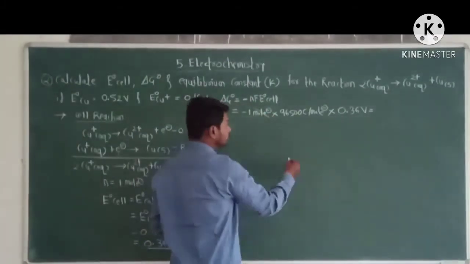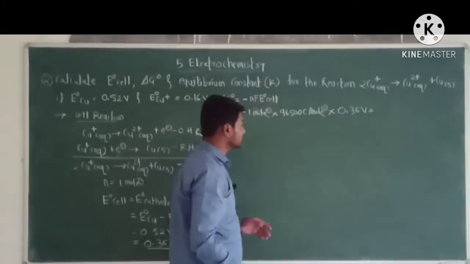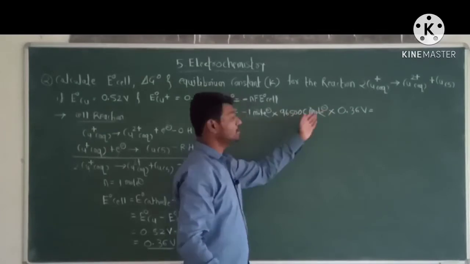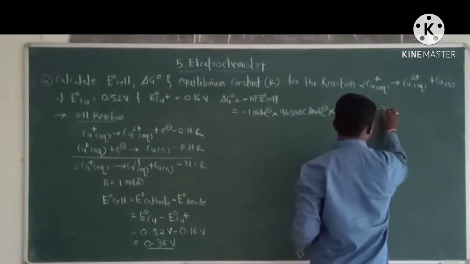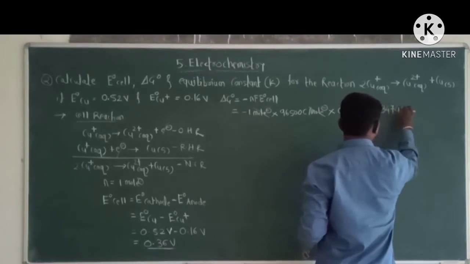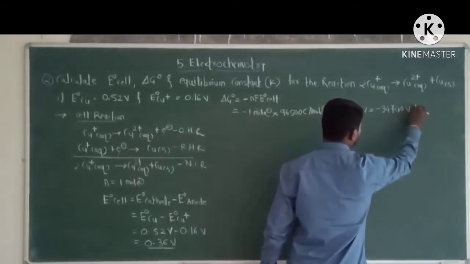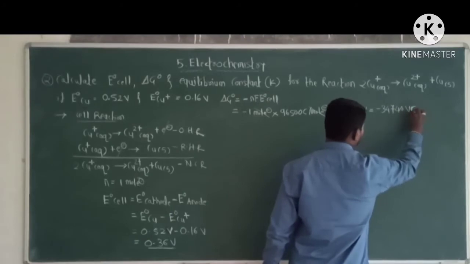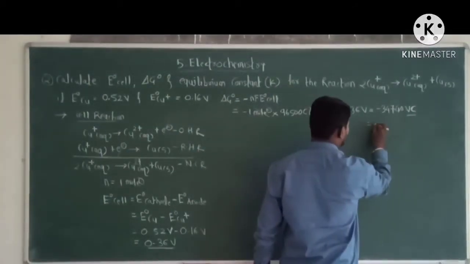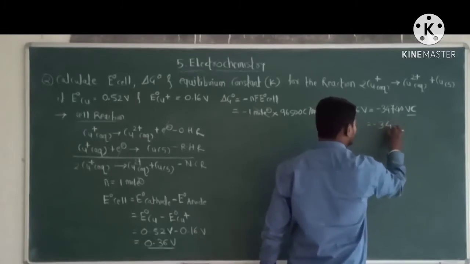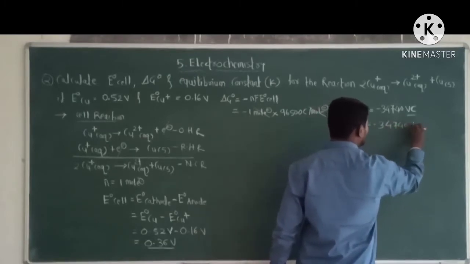Mole electron per mole electron gets cancelled. Multiply these three quantities, we get the final answer: minus 34740 volt coulomb. Volt coulomb is the joule, that is minus 34740 joule.